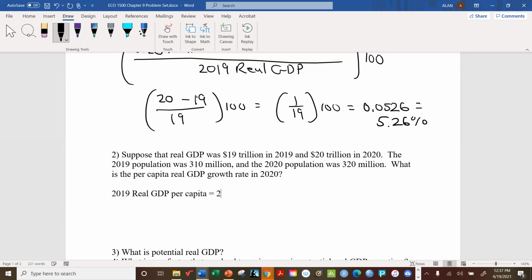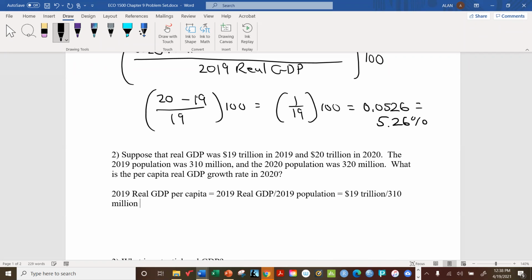So the way they do this is 2019 real GDP divided by the 2019 population, which would be 19 trillion over 310 million. Now, I just wrote it out in words instead of with zeros, but if you put this in your calculator, you'll see that the per capita is then 61,290. We'll do the same exact thing in 2020.